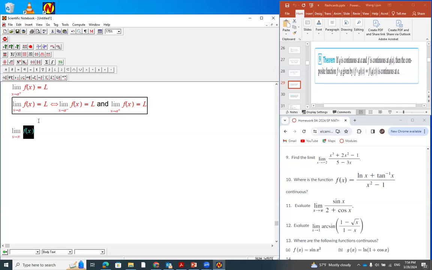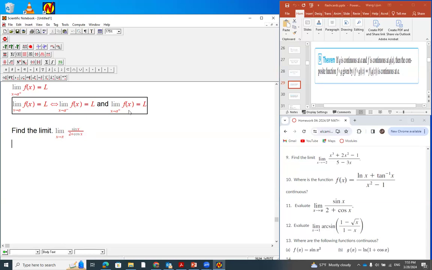And we have a specific function here, and this function goes like sine x over 2 plus cosine x. How do I use all these things we just went over? How do I make use of all of these nice results?